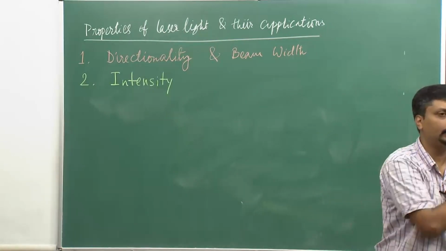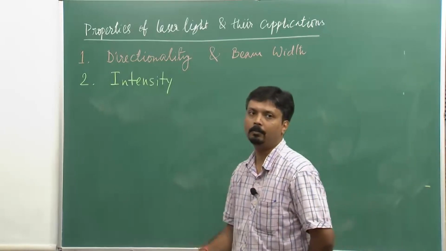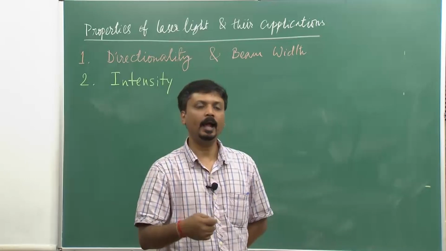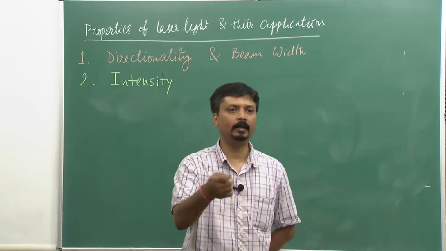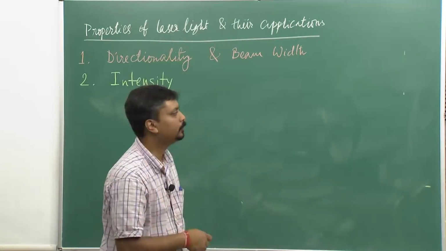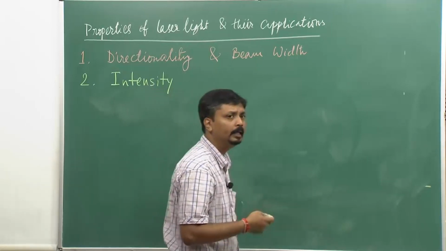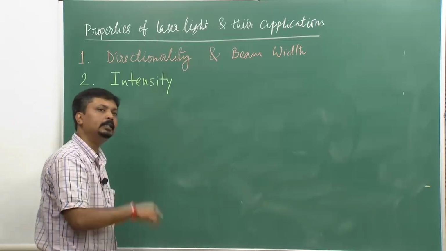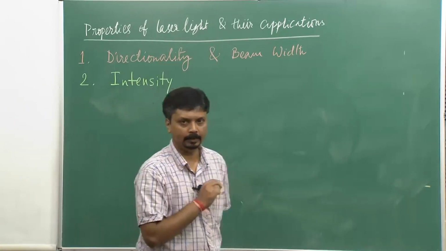Just a minute ago I talked about focusing a beam so that we can intensify the beam, and we can use it for cutting metals or doing various other processing work in industry. So how do I define this intensity of a laser beam?